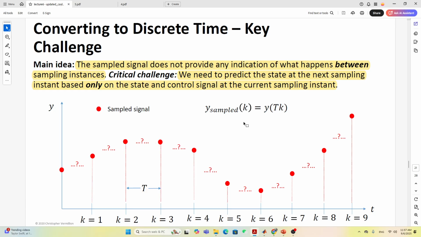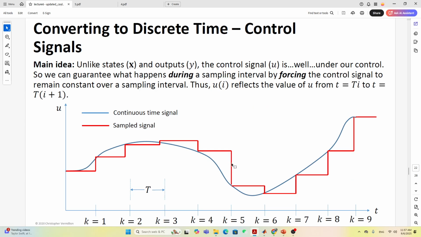Your sample time t_k will be a function of your time step times your time index k. When you discretize your system, your time step is also very important. You don't want to use a very rough time step; it should be fine enough.